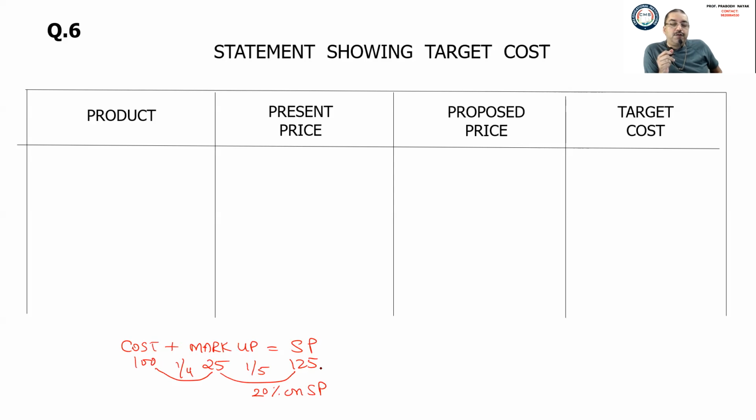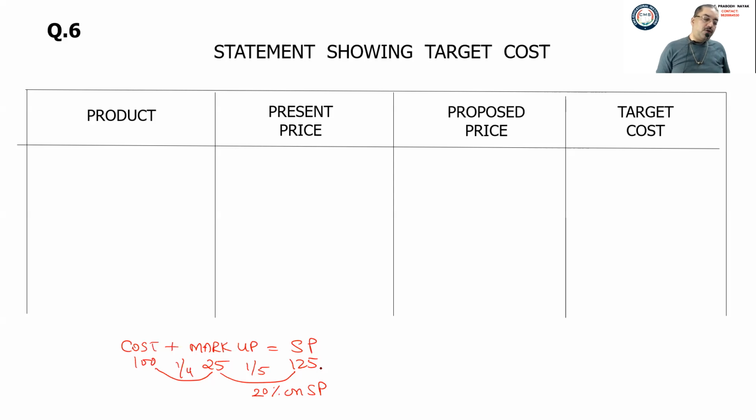Product, present price, proposed price, target cost. I have shown the equation below. Cost plus markup is equal to selling price. So 100 plus 25 is equal to 125. So 25 upon 100 is 1 by 4. 25 upon 125 is 1 by 5. So 1 by 5 is nothing but 20% on selling price.